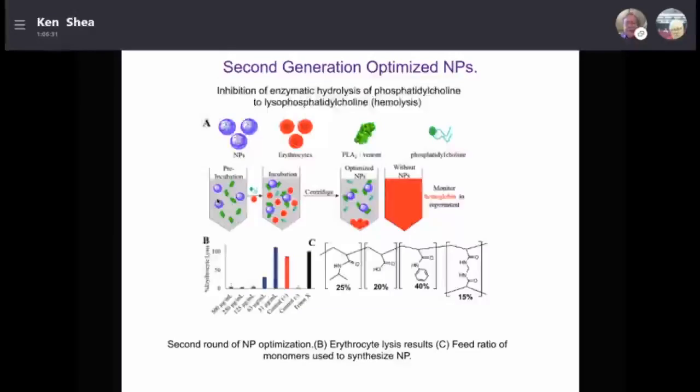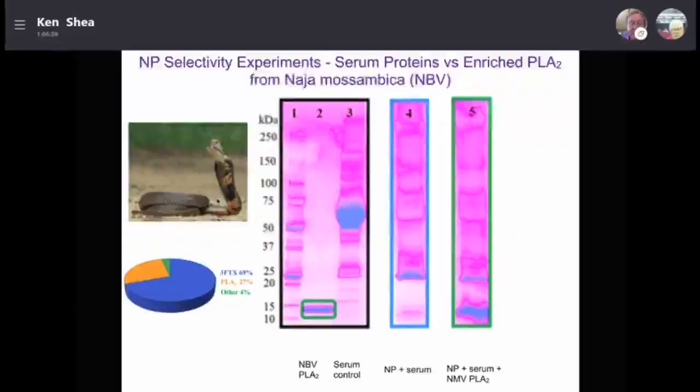And on the basis of this screen, we have identified and improved the formulation so that we have a nanoparticle that not only binds to PLA2, the green molecule, the protein, but also inhibits its function from breaking down cell membranes. Okay? And this is the nanoparticle that we finally have come up with.